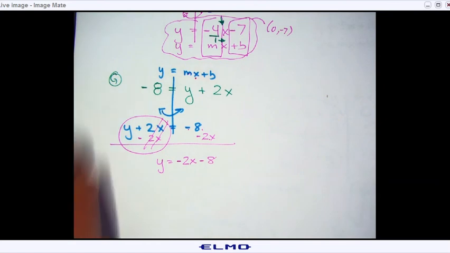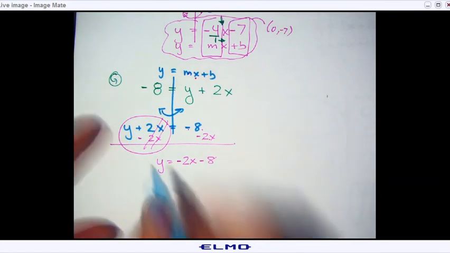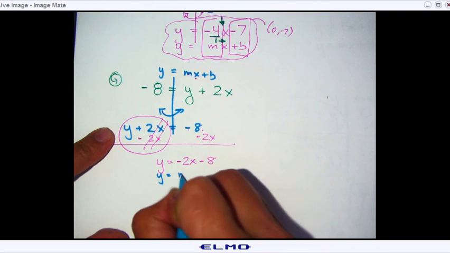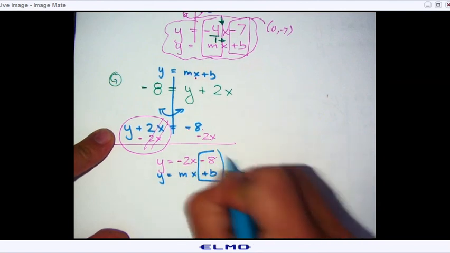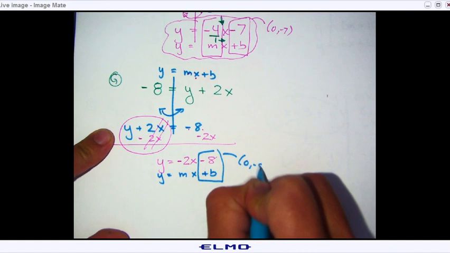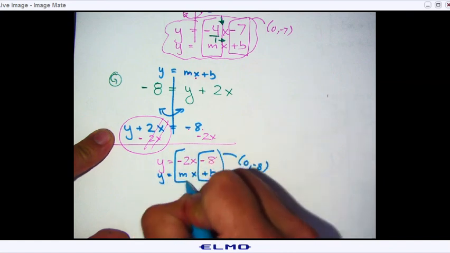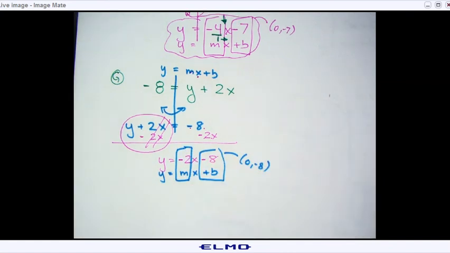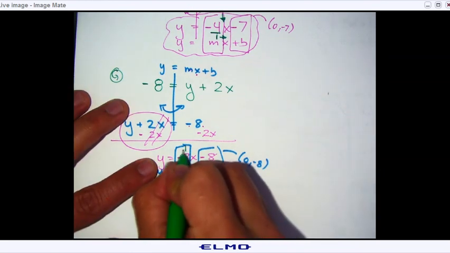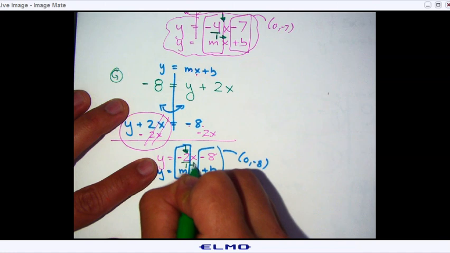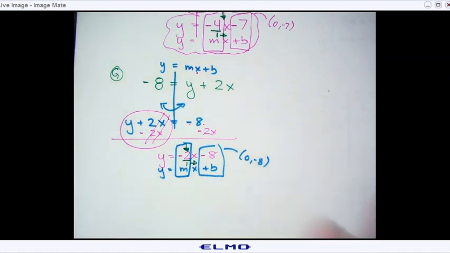All right. And there's your graph. There's your y equals mx plus b. There's your graph. 0, comma, -8. And then here's the slope, which is what? -2 over 1, fall over run. See that? That's when we start graphing.